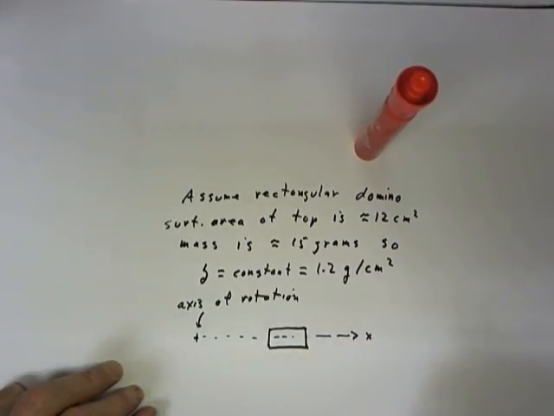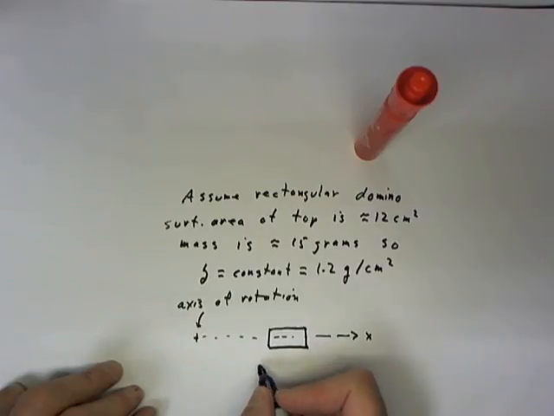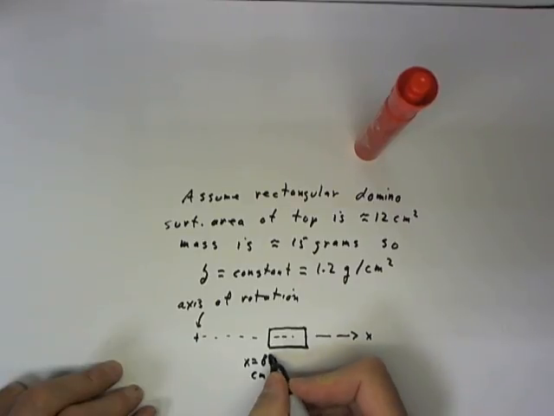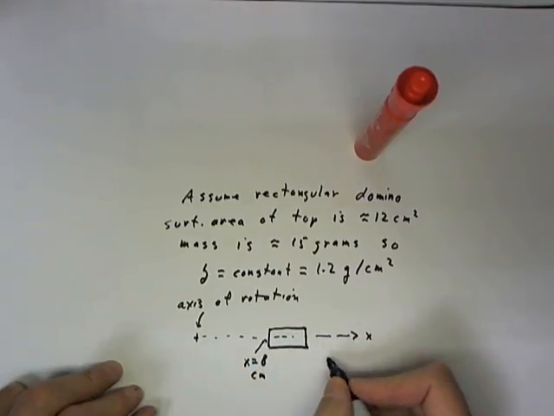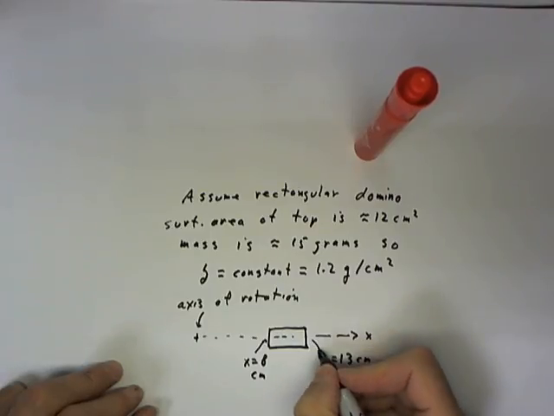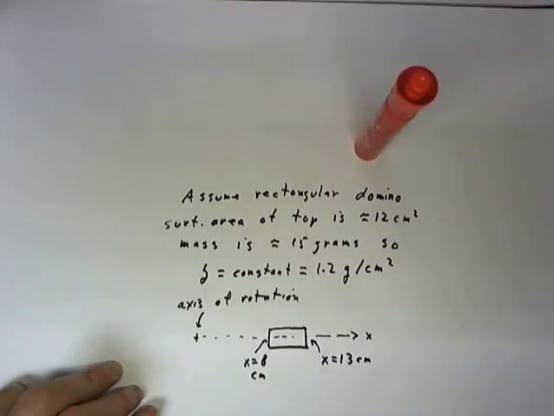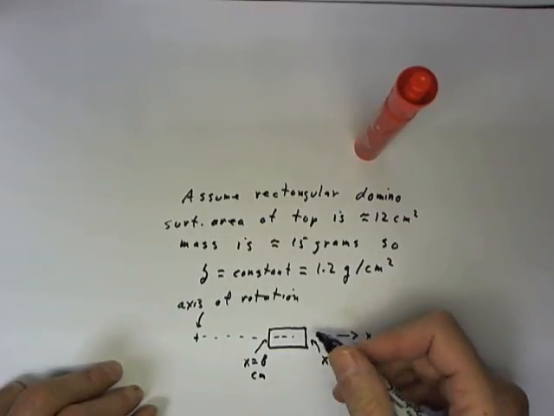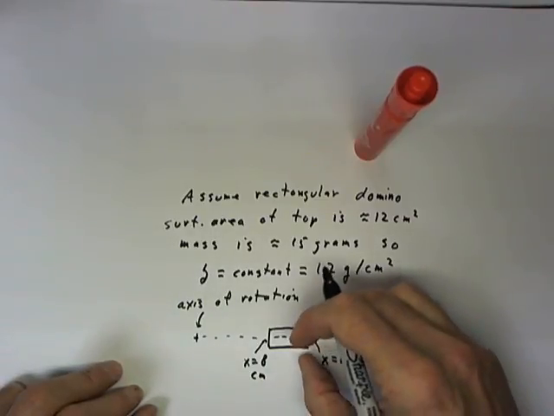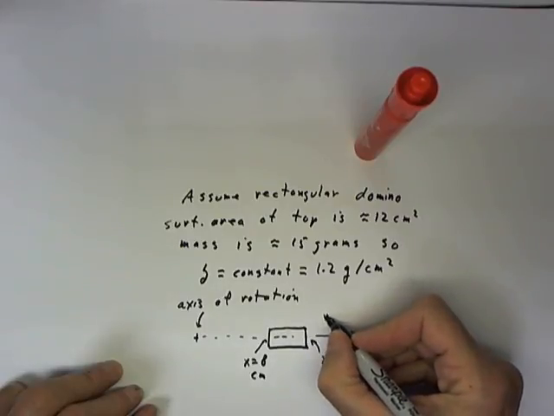And that the domino extends from x equals 8 centimeters here to x equals 13 centimeters here, and also that its width is 2.5 centimeters.